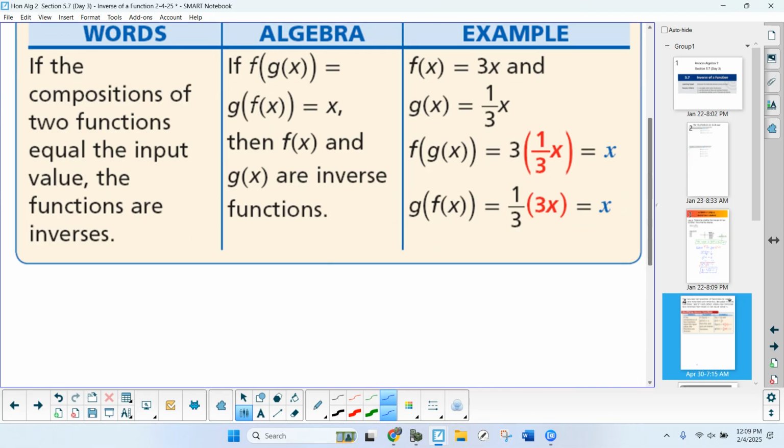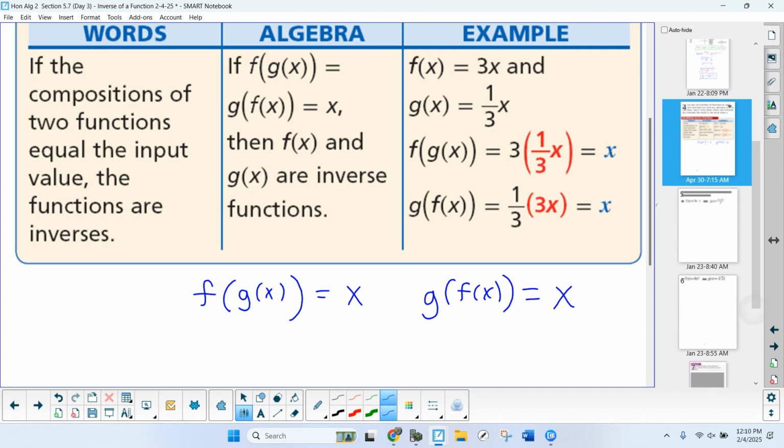Remember composition is f of g of x. When you put g in f, you're going to get x, and when you put f in g, you're going to get x, if they're inverses. So if f and g are inverses, f of g of x is x, and g of f of x is x. If they're not x, they're not inverses.